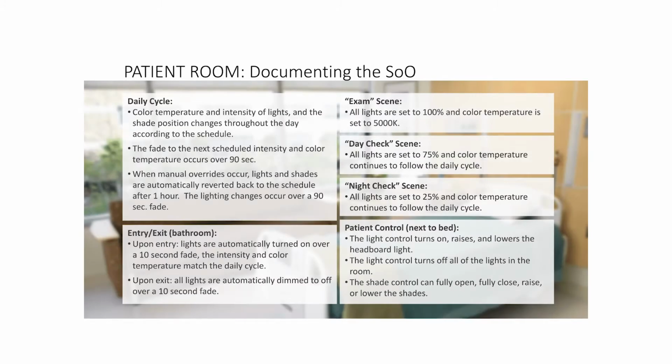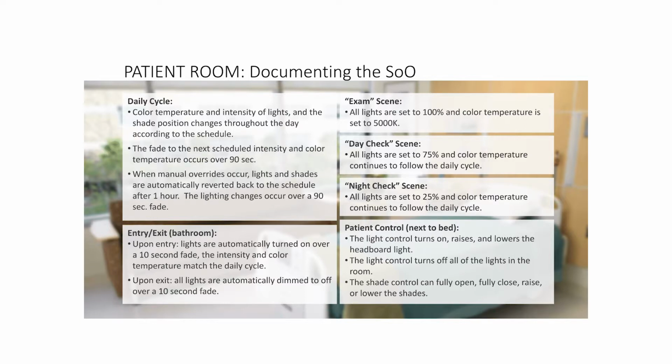When the sun dips behind the clouds, there's a certain period of time that your eye adjusts. 90 seconds, more often than not, is beyond that, and people may not even notice that the actual change is occurring. And then back to that override, if somebody does make a change to how it's configured, I want to have it stay there, and after an hour, revert back.